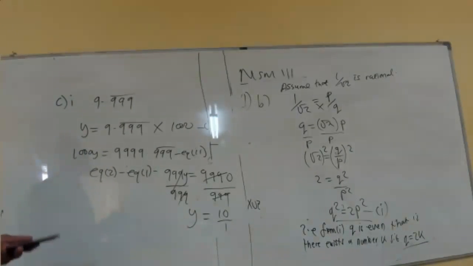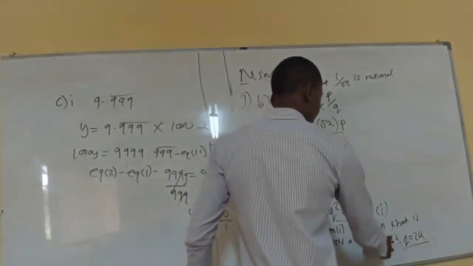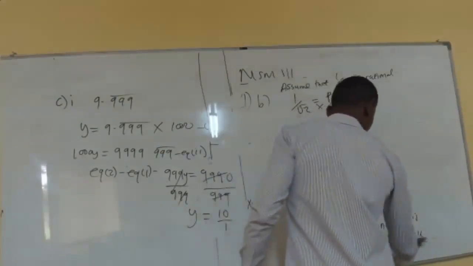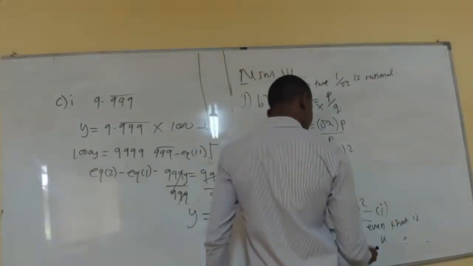So there exists some number k or some constant k, which when you multiply by 2 will give you q. So that's what we basically mean when we say that. So it's a multiple of 2, so q must be even. Now this k is actually an integer.